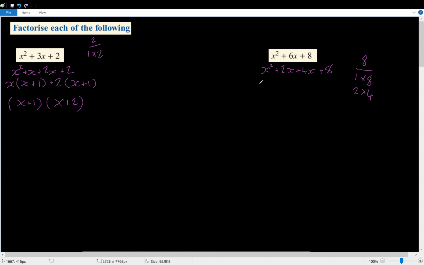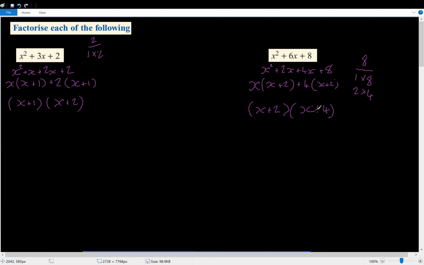So the highest common factor for our first pair is x, and then inside our brackets we're going to have x plus 2. And the highest common factor for our second pair is going to be 4, and inside our brackets we're going to have x plus 2. So now we've got a common factor, which is x plus 2. And then we just write down what's outside the brackets from above, x plus 4.